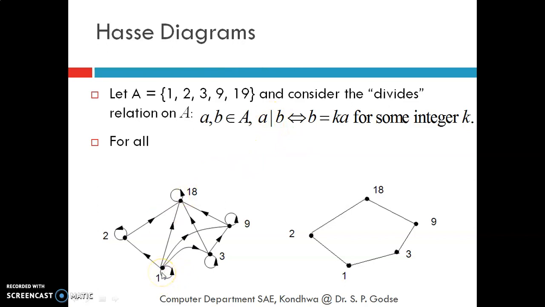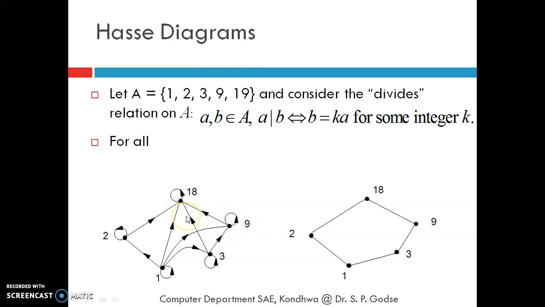This is represented in the diagram. So 1 is related with 2, 1 is related with 1, 2 is related with 2. These are the ordered pairs from the relation. 2 is related with 18, because 2 divides 18. 18 divides itself, 1 divides 18, 1 divides 9, 1 divides 3, 3 divides 3, 9 divides 9, then 3 divides 18, 9 divides 18.